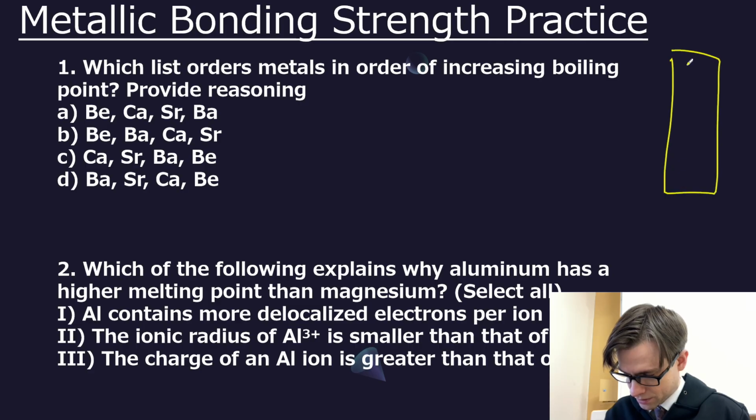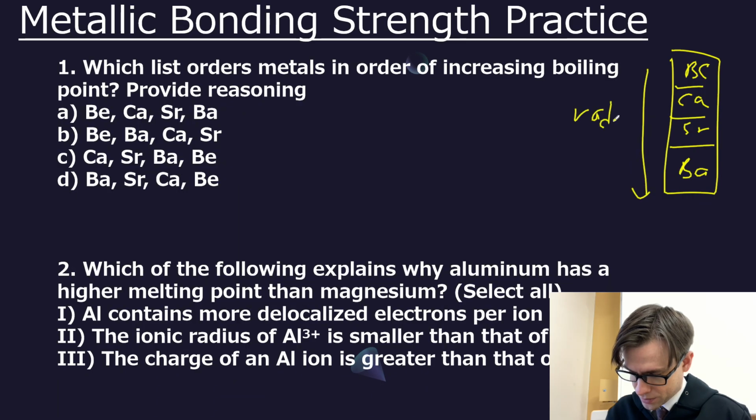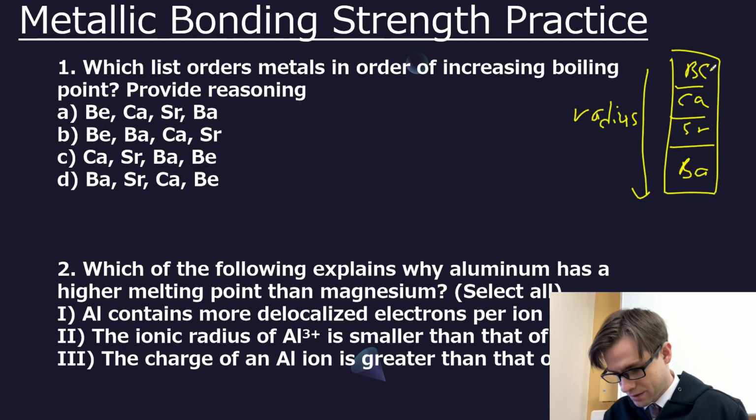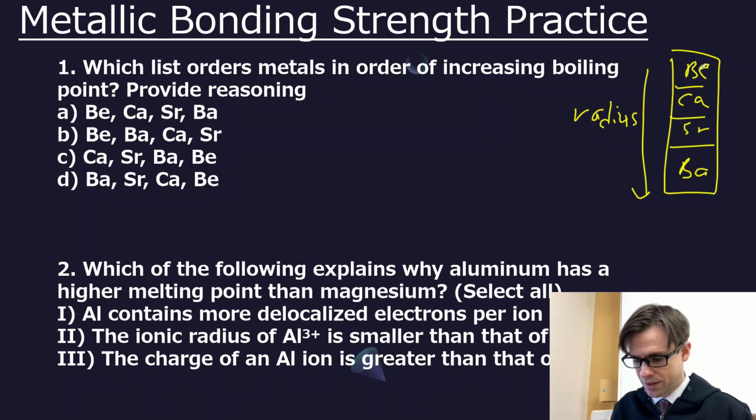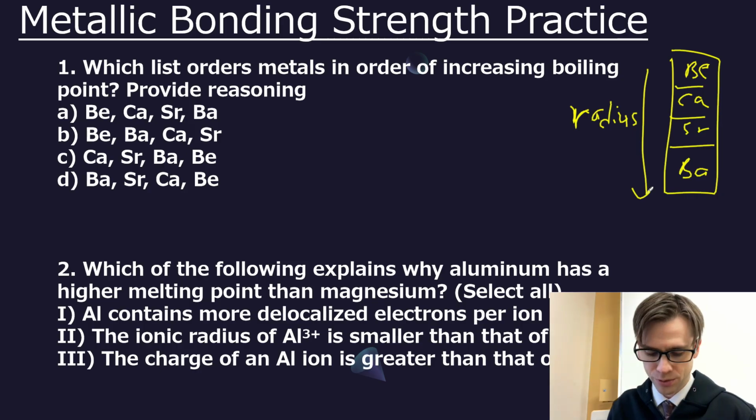So I think it just goes like this: beryllium, calcium, strontium, barium. So as you go down here, radius will be increasing. Radius is really the only difference between these. They're all going to release 2 valence electrons, being in group 2, and they're going to have cation charges of 2+ as they lose those 2 electrons.